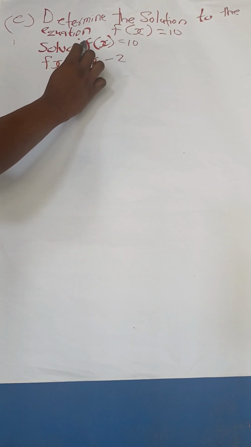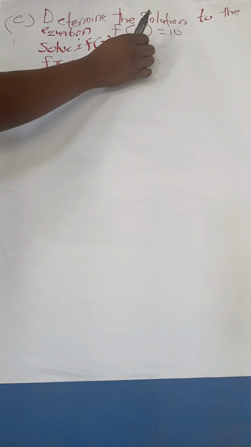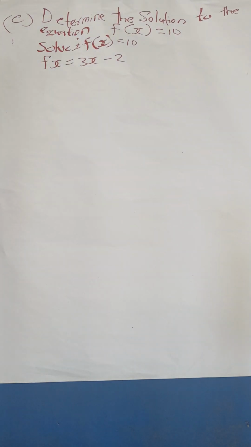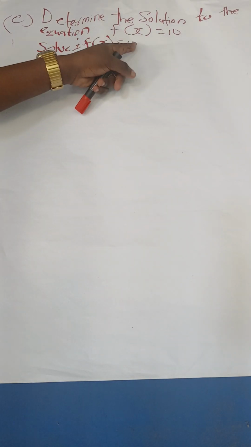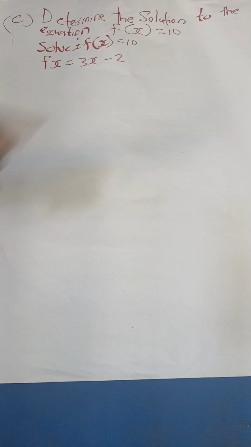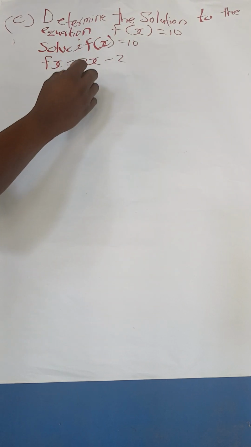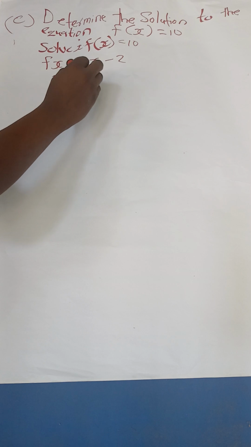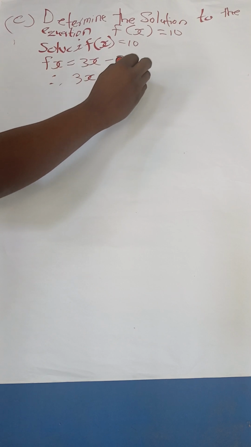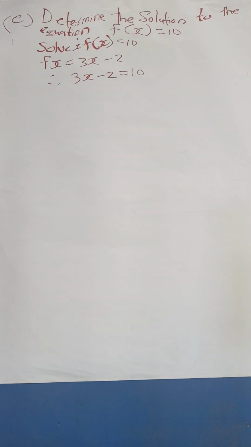So you just replace f(x) with 10, meaning we equate this to 10. Therefore, 3x minus 2 equals 10.